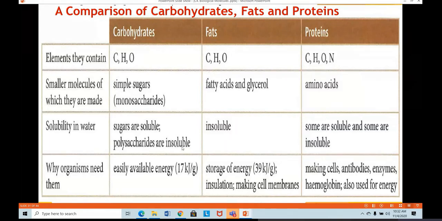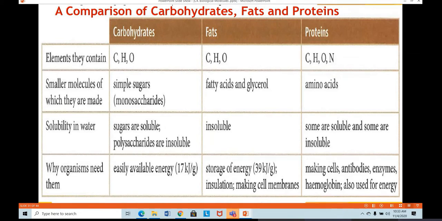Do you want me to read out this table again, or would any one of you like to read it as a revision? May I read it? Go ahead, sweetie. Elements: carbohydrates contain carbon, hydrogen, and oxygen. Smaller molecules of which they are made are simple sugars and monosaccharides. Solubility in water: sugars are soluble, polysaccharides are insoluble.